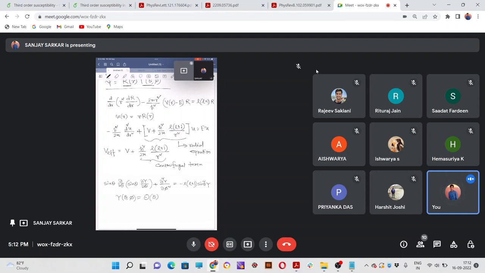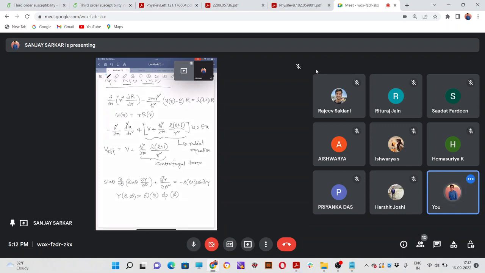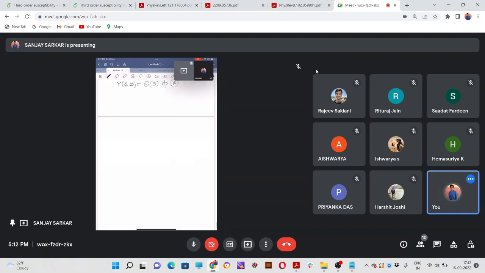We write Y as a product of two functions: one a function of theta and the other a function of phi.